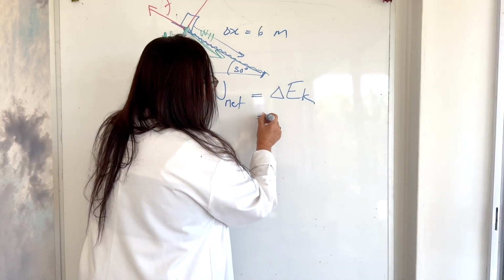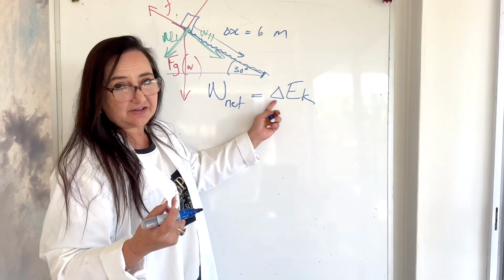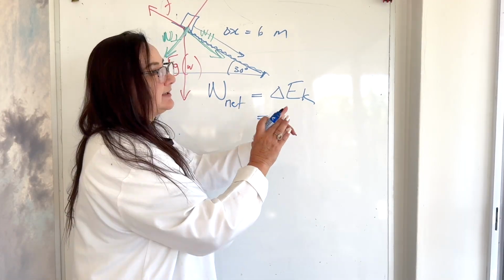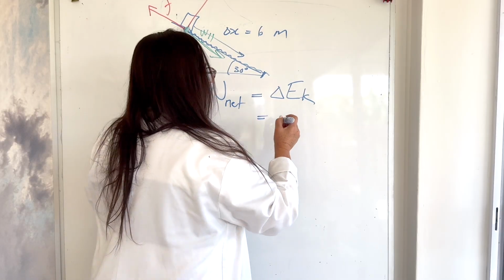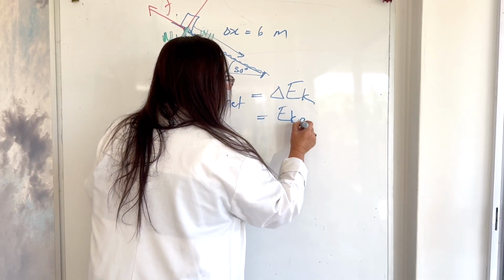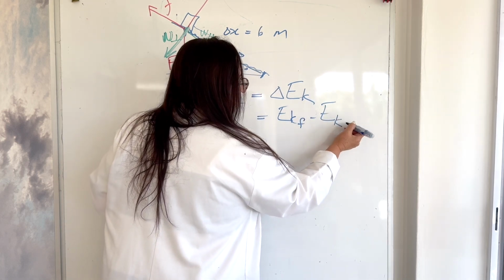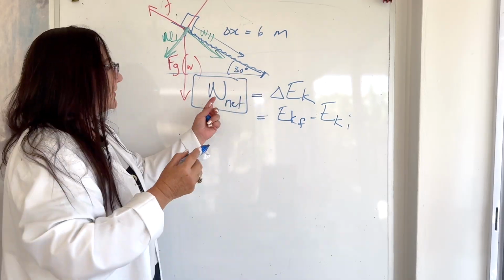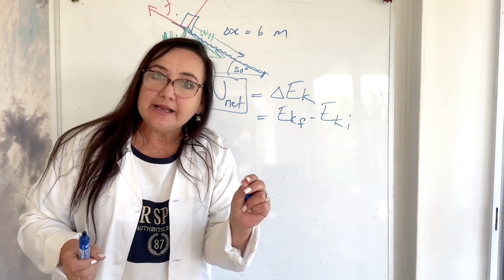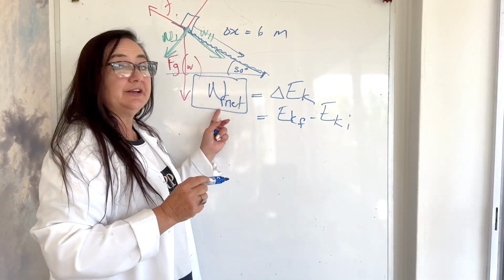And we know already that the moment I see that triangle, the change always means final minus initial. So it's going to be my EK final minus my kinetic energy initial. And that would then be the work done by F net.